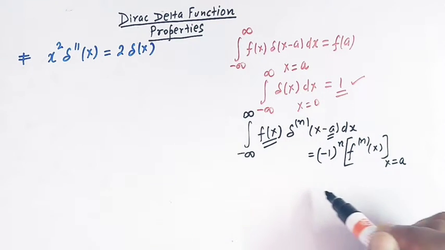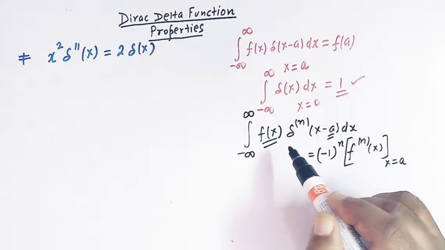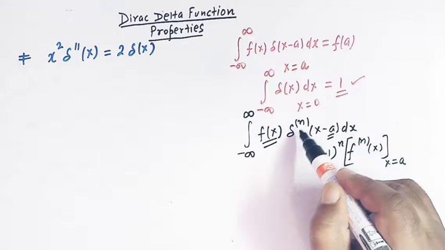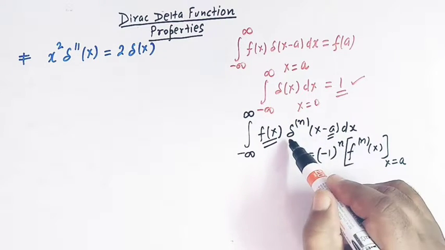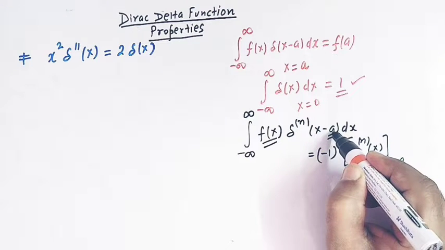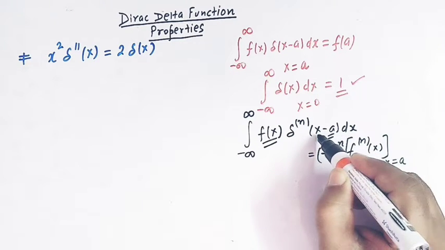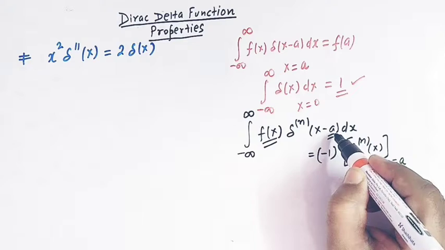This is an important property involving the nth derivative of the Dirac delta function at the point x is equal to a.